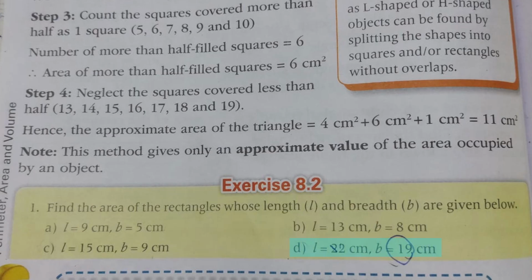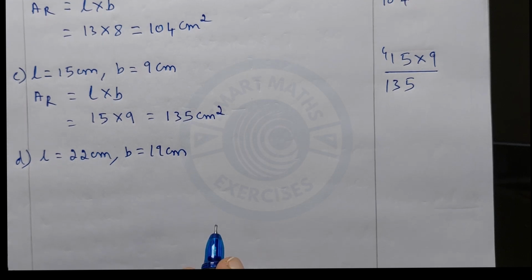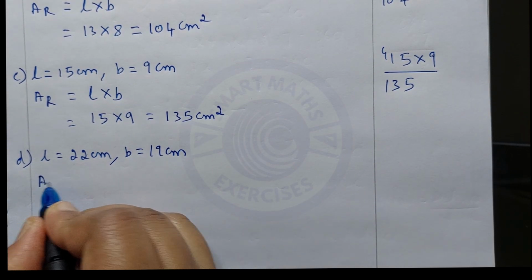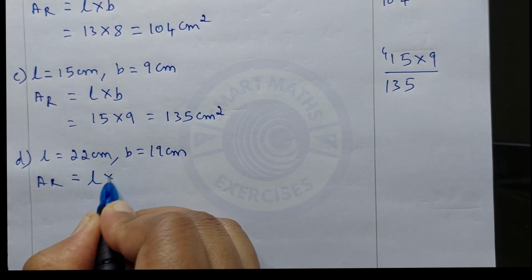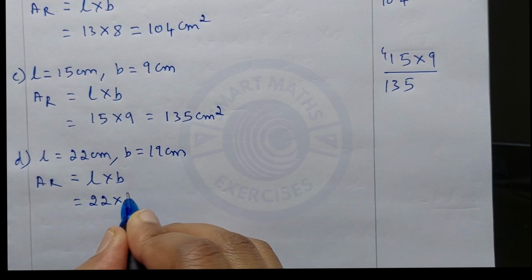Next question, D. L equals 22 centimeter, breadth equals 19 centimeter. Area of rectangle equals length into breadth. Length is 22, breadth is 19.